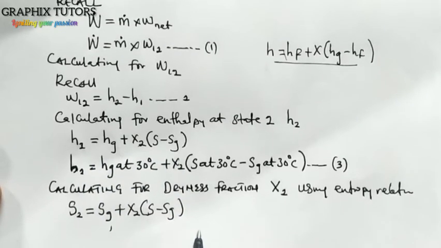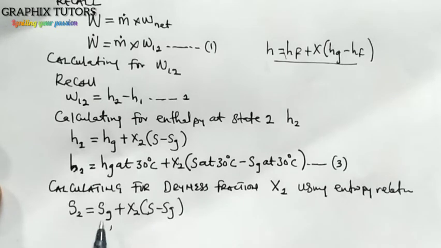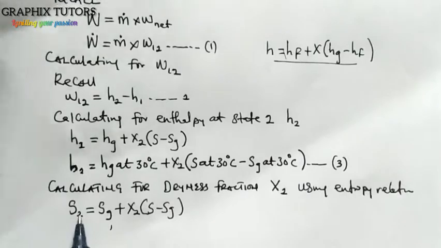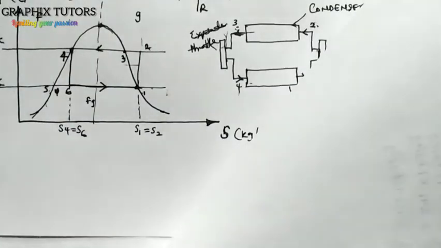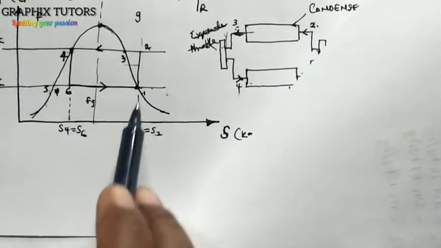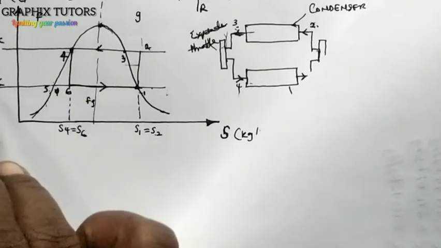So from here, we'll start. We know very well that our S2 is not given, but from our TS diagram, S1 is equal to S2. And what is S1? S1 is at minus 15 degrees.